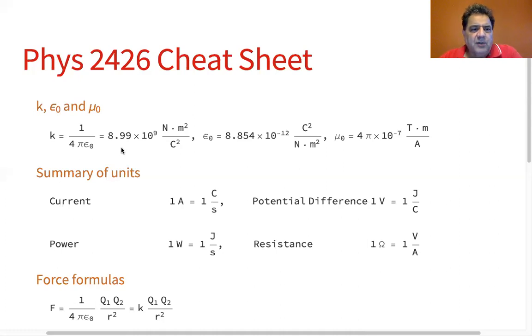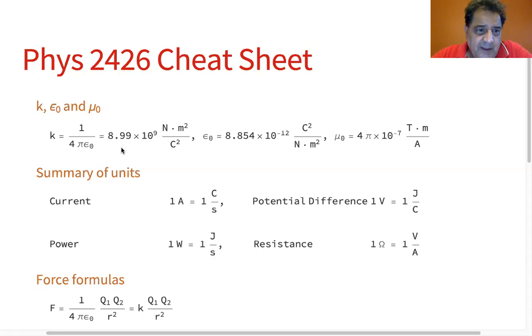So let's just start with some constants that you need. F equals K sub E, Q1 Q2 over R squared.